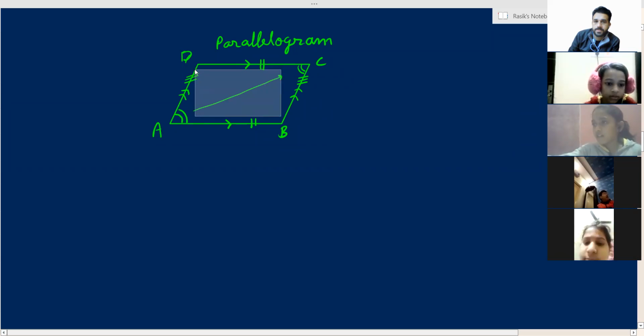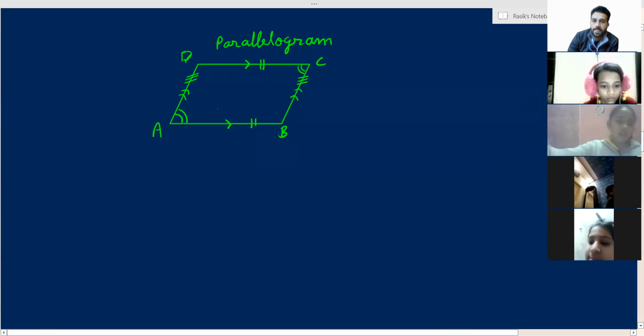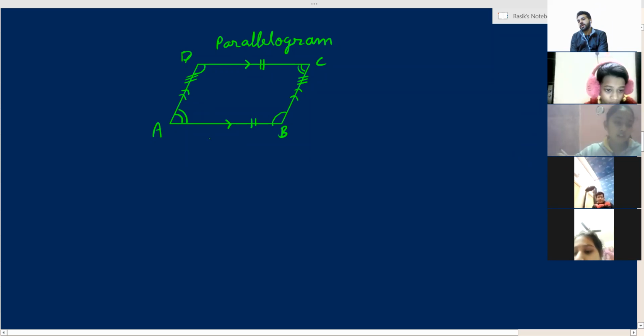Whatever the measure of angle A, the same measure will be of angle C. Suppose angle A is 60 degrees, then angle C will also be 60 degrees. Angle B and angle D are also opposite angles. If angle B is 90 degrees, angle D will also be 90 degrees. Very good. If angle B is 120, then angle D will also be 120 degrees.